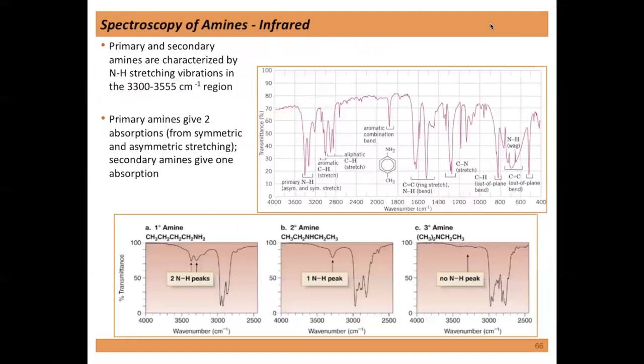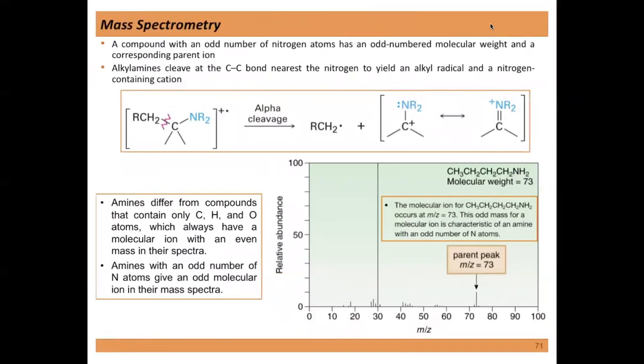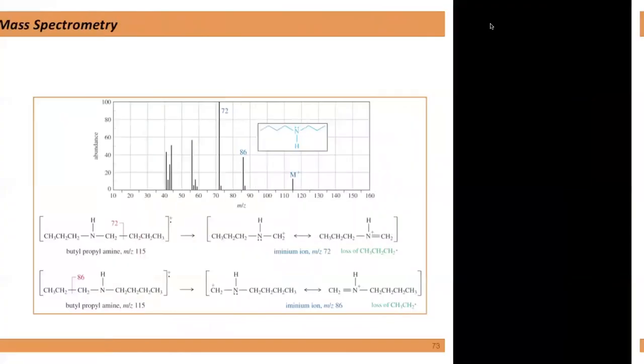If we had a compound that does have a nitrogen, but there is no peak in this region, it's probably a tertiary amine, or I guess it could be a quaternary amine, because since it doesn't have an NH to stretch, you're not going to see it in that region. So we can tell the difference between a primary, a secondary, and a tertiary amine. And there's also some NMR and mass spec.